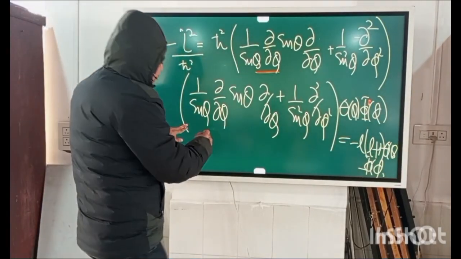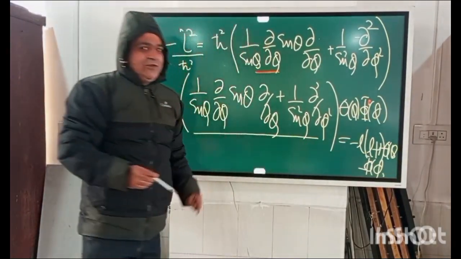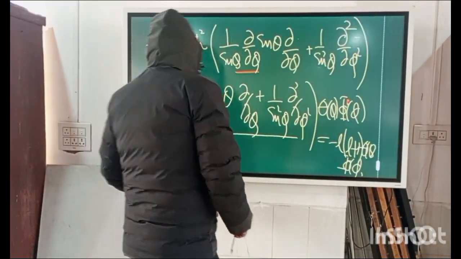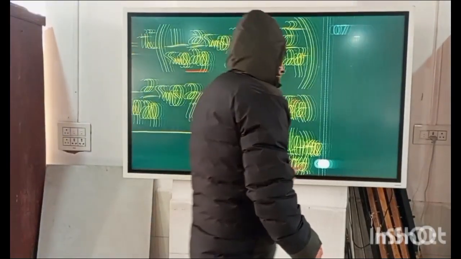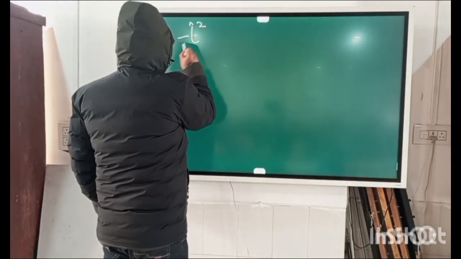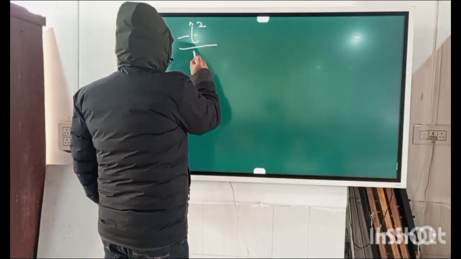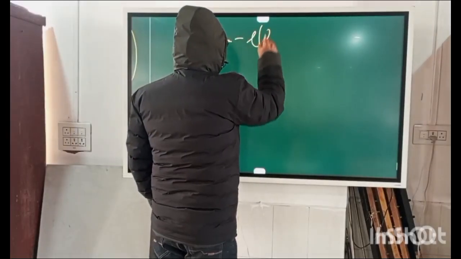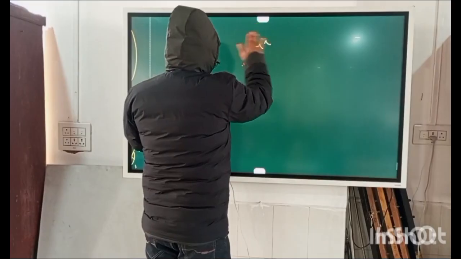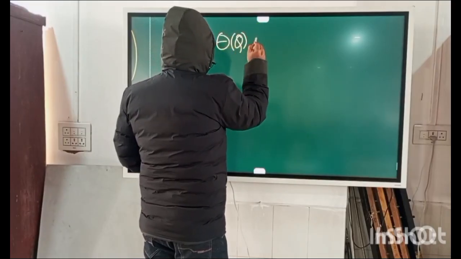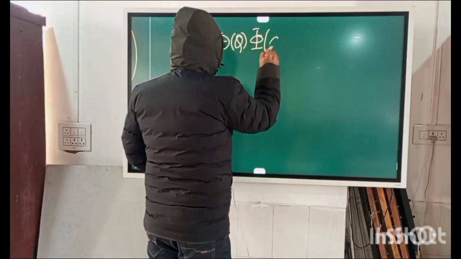So what should I do? Instead of this thing that you have in the brackets, I will write minus L cap square by h bar square is equal to minus L times L plus 1. So here I have theta of theta and then I have phi of phi.